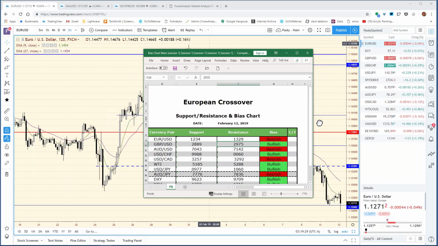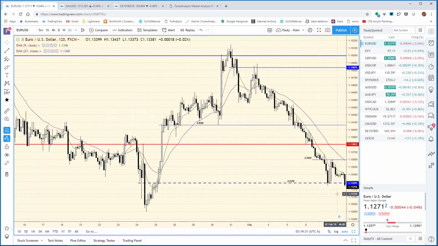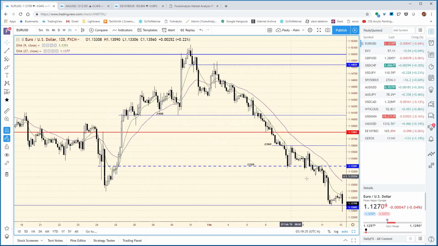This market would be a sell. The key thing would be if we get a daily close above 1286. But it would take two consecutive daily closes above 1286, not one, two consecutive daily closes, to try and put in some type of a thinking that, okay, we're a little bit stretched.